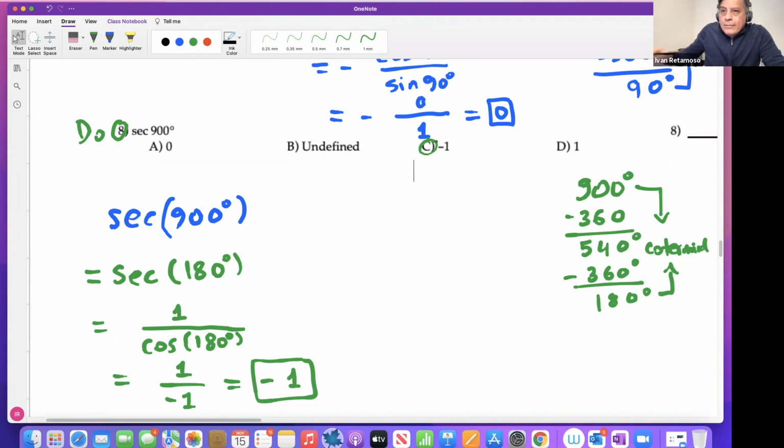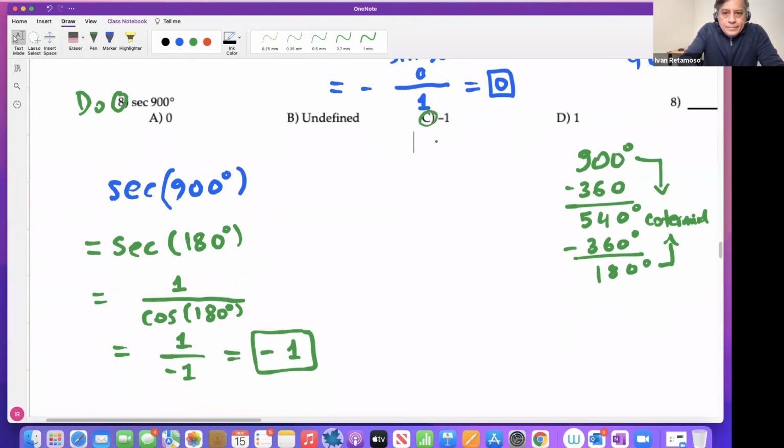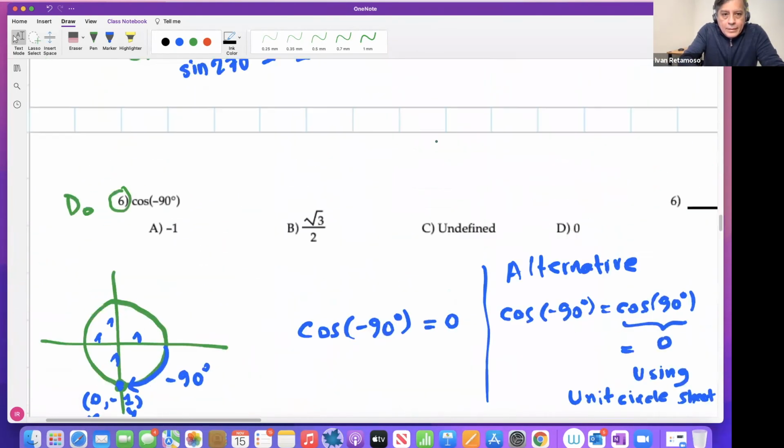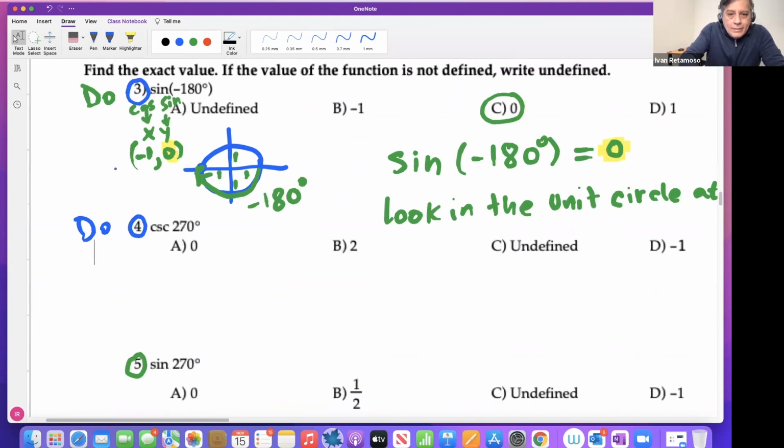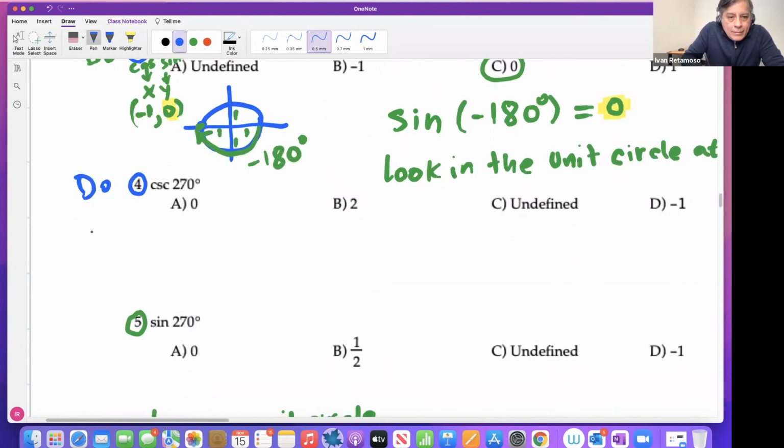And let's see if we can do one more. Try this one, guys. It's not so difficult to do this. Cosecant of 270. I will give you this hint: cosecant of 270 degrees equals 1 over sine of 270 degrees.